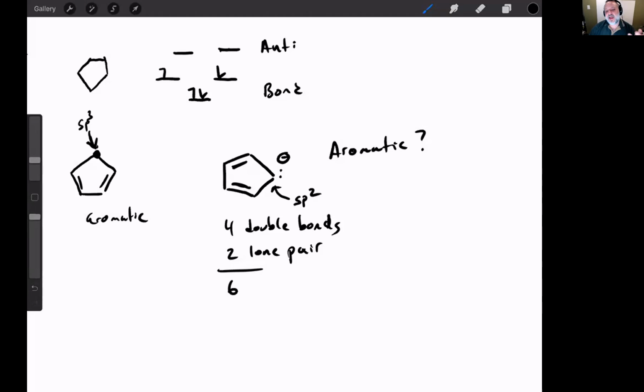And so if I am in that situation, then this means that it could be sp2 hybridized. It's technically sp3 hybridized. So let's draw out what we're talking about here. Here is a negatively charged carbon. And so it could be aromatic if it were to be sp2 hybridized.